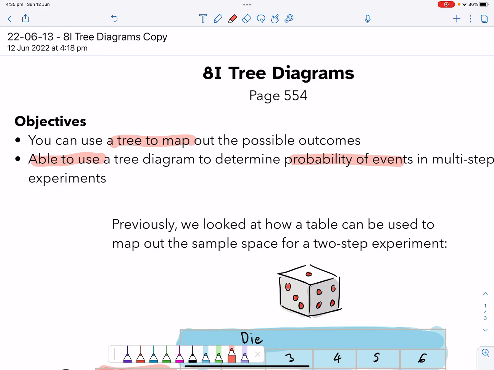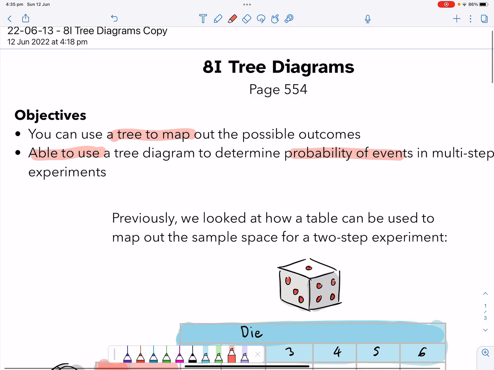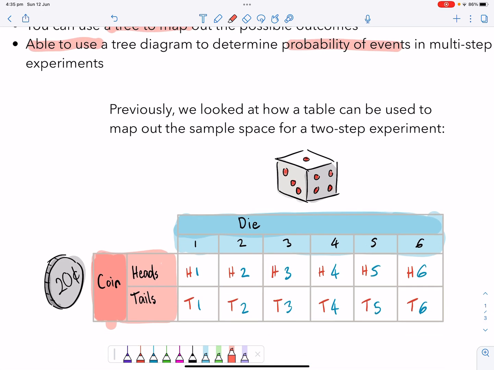And we want to be able to use the tree diagram to map out probabilities of events in multi-step experiments. I think the limitation of the table method is that a table is really two-dimensional. So here is my first event, rolling a dice, and then I would choose to roll a coin. And where these two things converge, I would get a map for that possible outcome in the sample space.